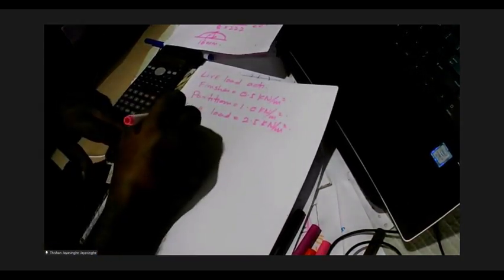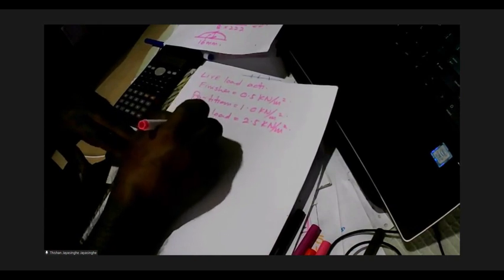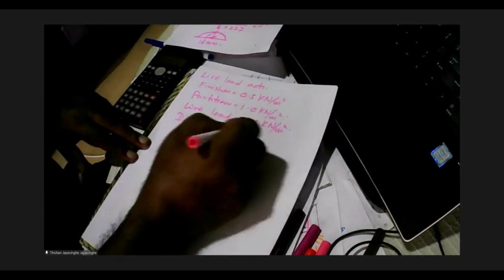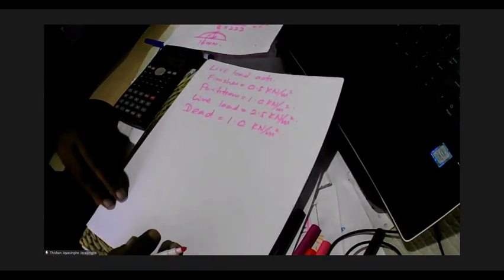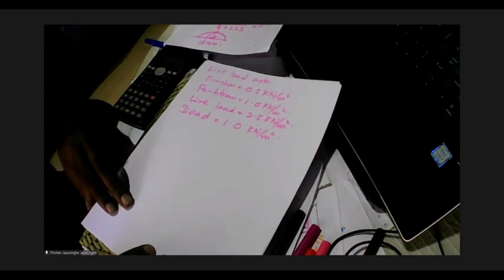In addition to that, we have a remaining part of dead load, that is 1 kilonewton per meter squared. Because we balance only 4 kilonewtons per meter squared, we have an unbalanced portion of about 1 kilonewton per meter squared.